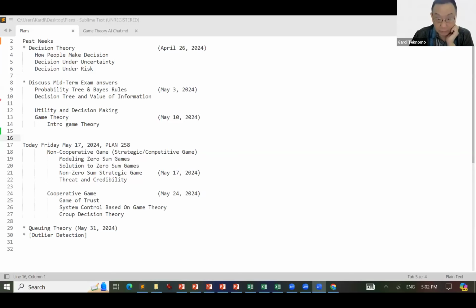Can you see the screen? Right. So in the past weeks we have discussed decision theory. And after that, we discussed risk analysis and utility. And last week, we played the games.